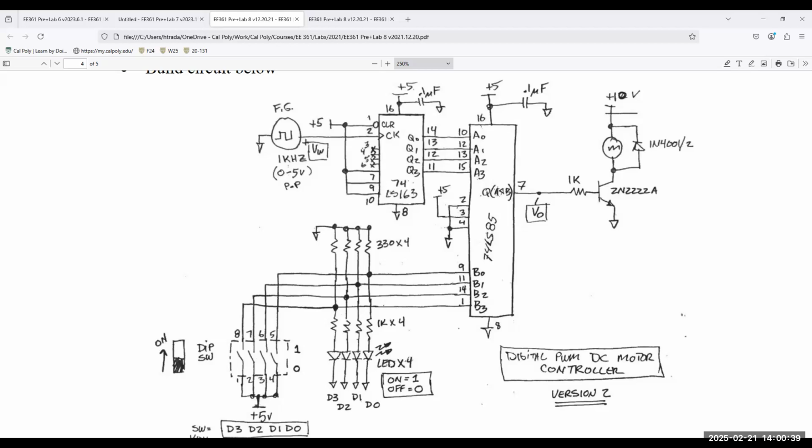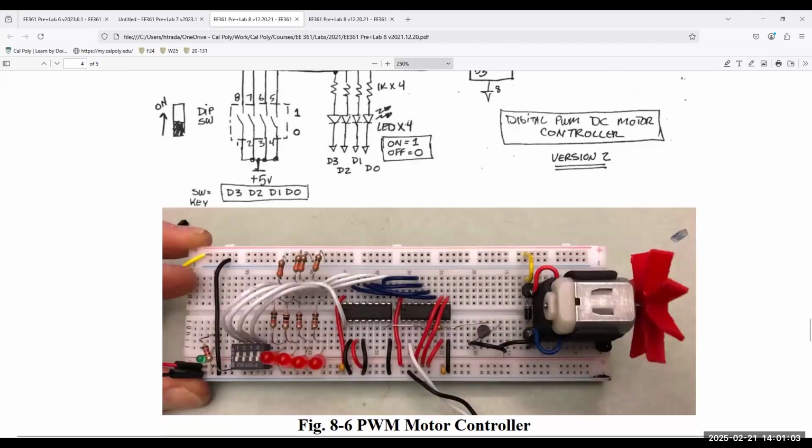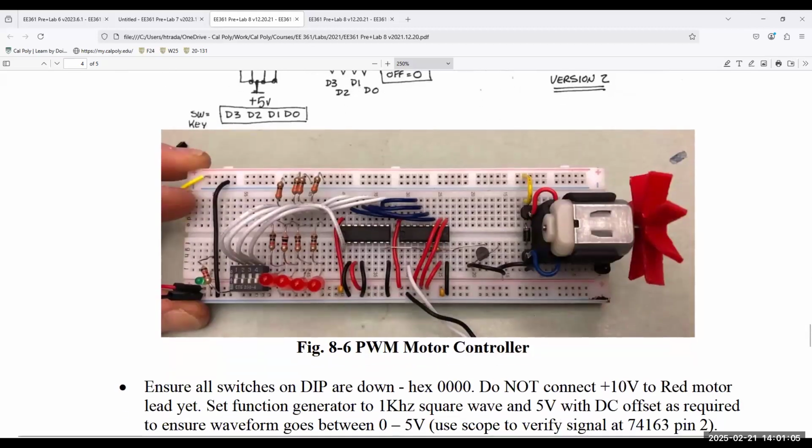When it counts up, output is on. When the output is on, the transistor is on, your motor is going to spin. When the counter is below, the motor turns off, or the speed turns off. You generate a nice staircase waveform, and then you're going to capture that output, and that's the waveform, but that's how you're going to vary the speed of the motor. And that's basically how the circuit operates.